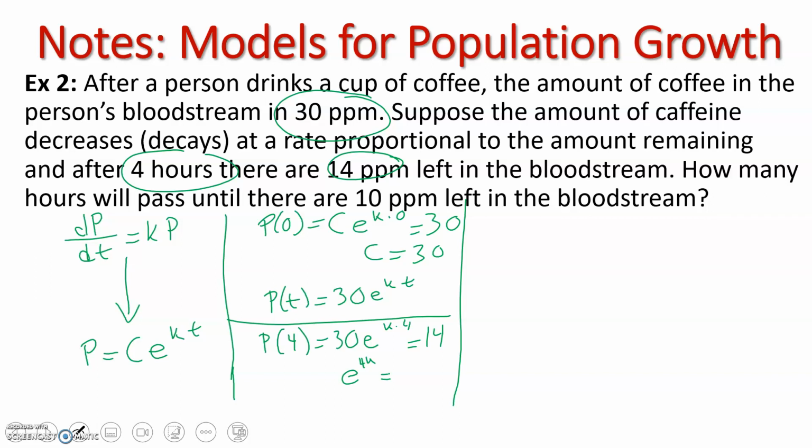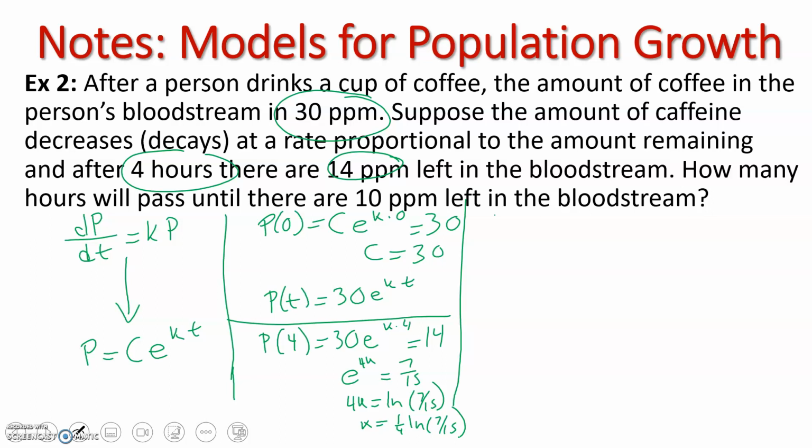So we have, as a fraction reduced, 7/15. We'd like to solve this, so we'll take ln of both sides, and we get 4k is equal to ln of 7/15, and then simply divide both sides by 4. So we have 1/4 ln of 7/15 as our constant here.